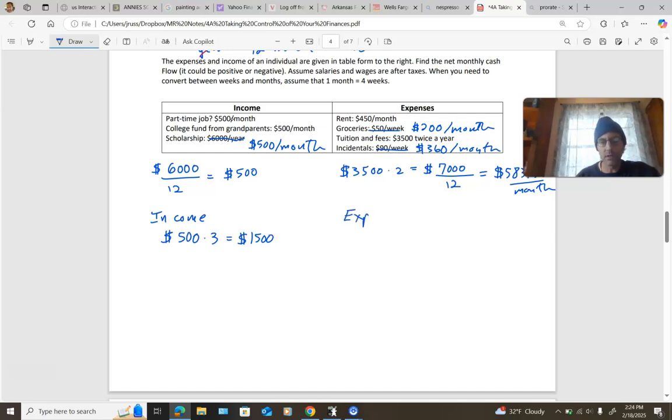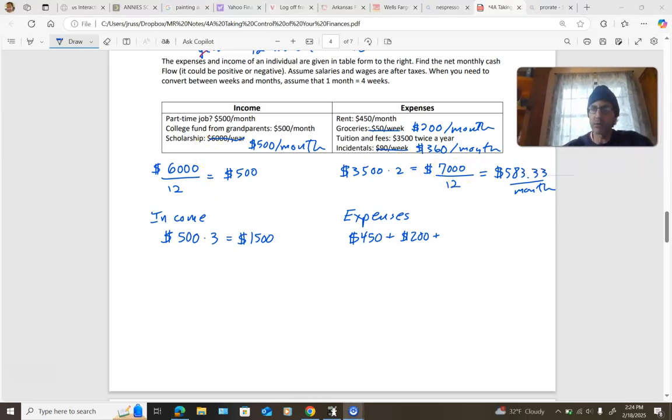Now for the expenses, it is $450 plus the $200 per month for groceries. I did the tuition and fees down here. That was $583.33. Plus, finally, for incidentals, that is $360 per month.